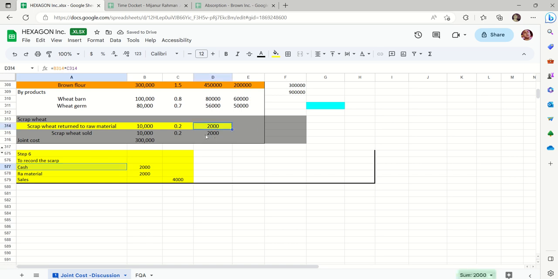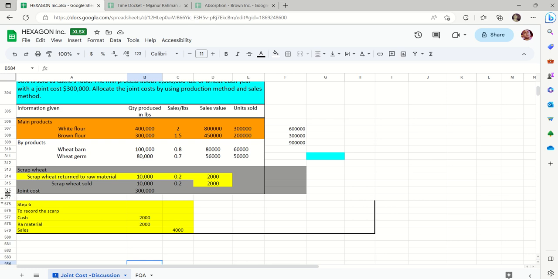Cash is 2,000 and raw material 2,000. You debit cash and raw material, and then in the sales method, you would credit sales. You debit cash and raw material with respect to scrap and credit sales. How is it different?